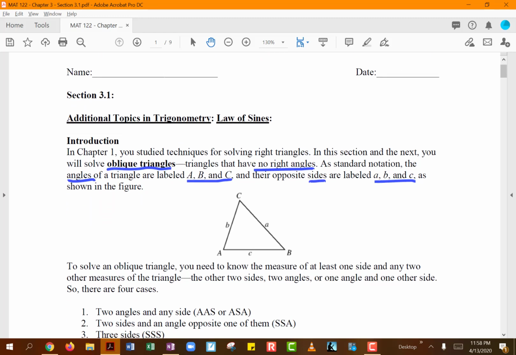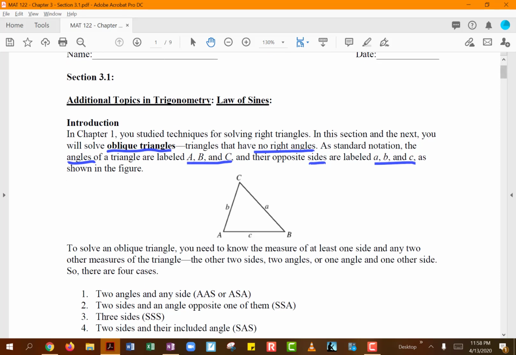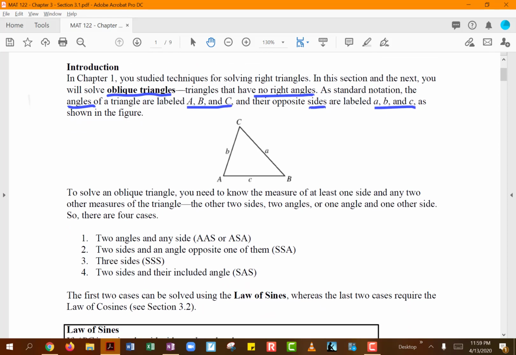You can see this little figure we have here. For angle A, the opposite side would be side a. Side b would be opposite to angle B, and side c would be opposite to angle C.